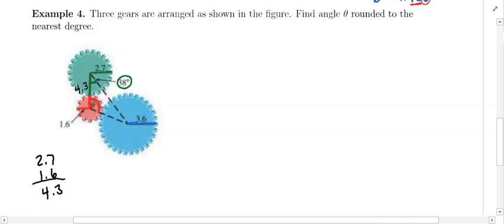We can do this again, if you follow my cursor, for this side, because the red or pinkish gear is touching the blue gear. Here's the red radius, and then we can add on the blue radius, and that will give us this other side of the triangle.